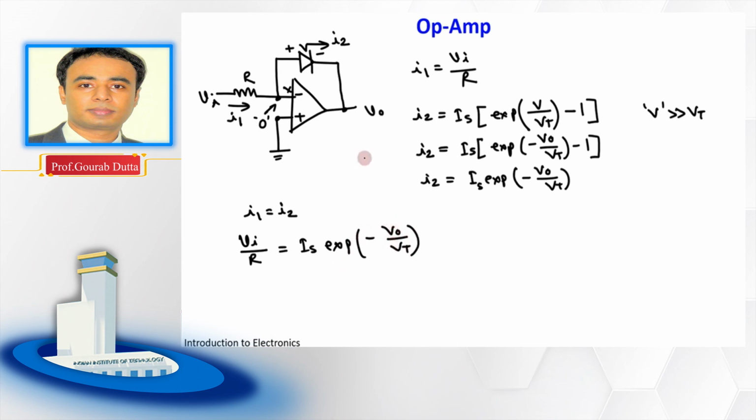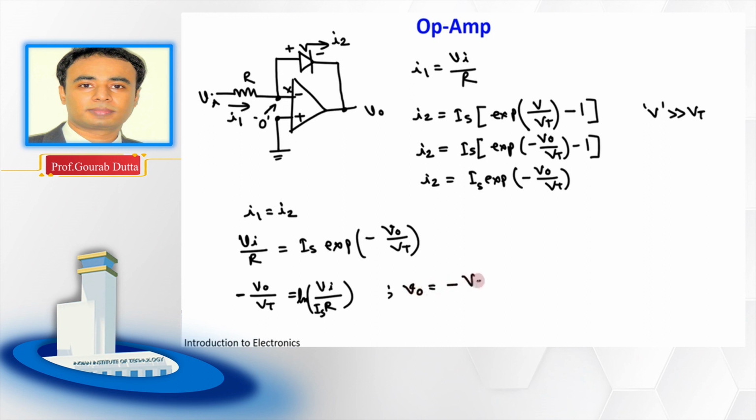Then we need to express V output in terms of this V input. So let us do that. V output by Vt will be equal to, let us keep this negative sign also here, ln of Vi by Is into R. So then what is this V output?